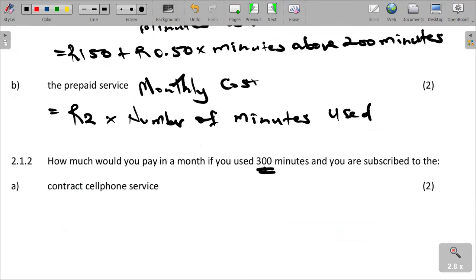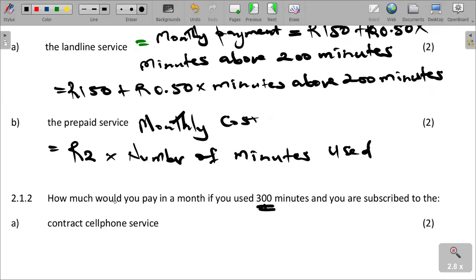So therefore, a contract cell phone line is close to the formula that we have given there.